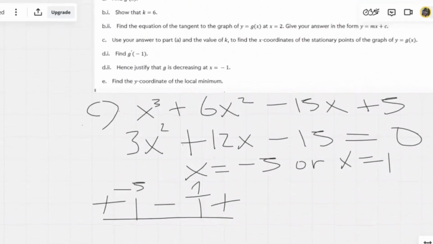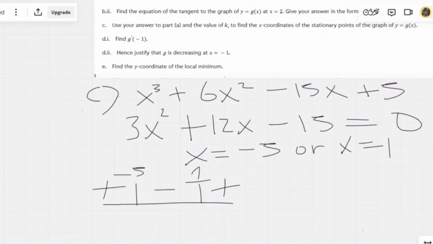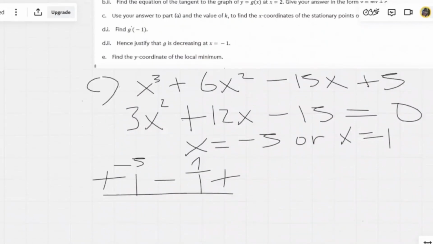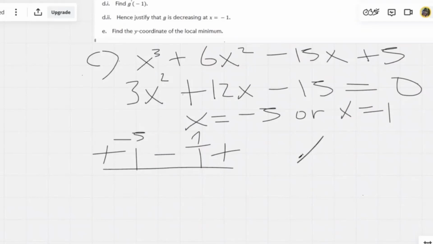And that gives us a positive number. So therefore, we can determine the minimum of the function is at x equals 1, and the maximum is at x equals minus 5.